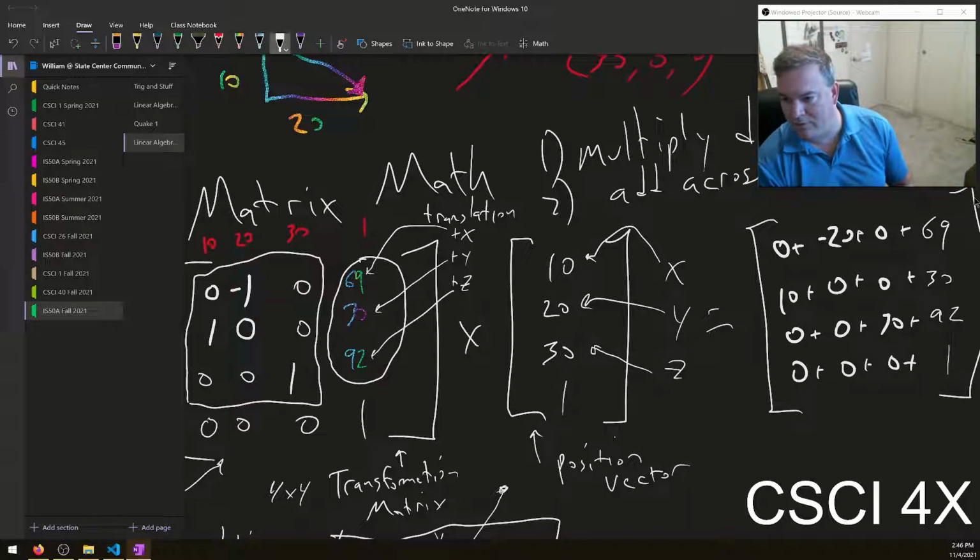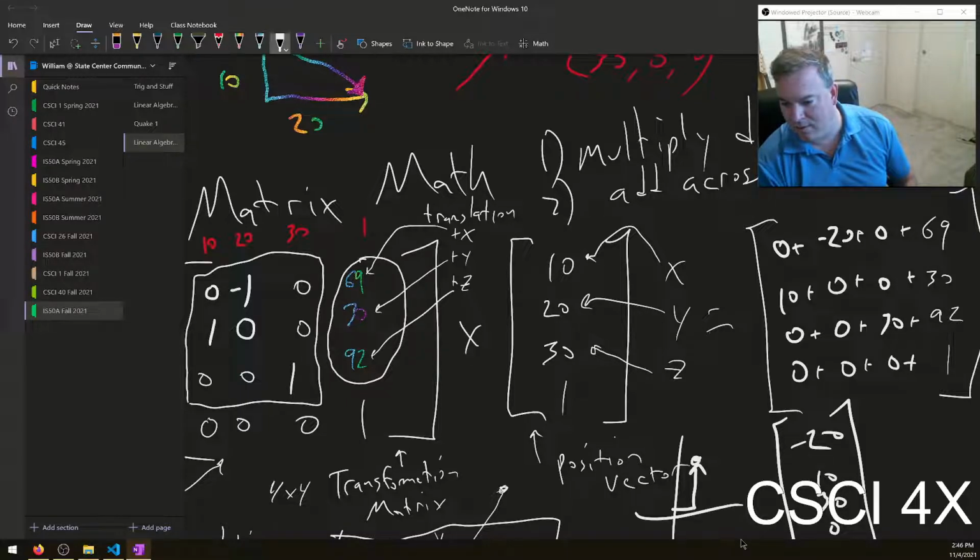Now, if we weren't doing any translation, you'll see the result we're going to get is negative 20, 10, 30, 0. So if this was the input, 10 east, 20 up, here, around the origin, this is rotating to be negative 20, so this rotates this way. Let me get rid of the text underneath there.